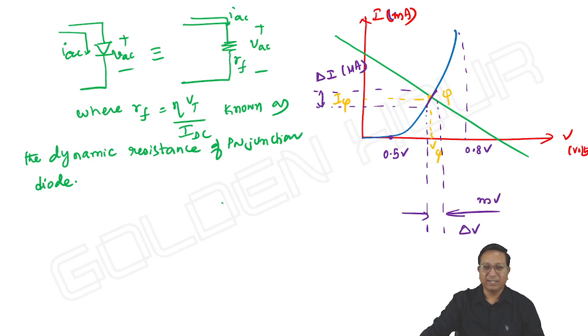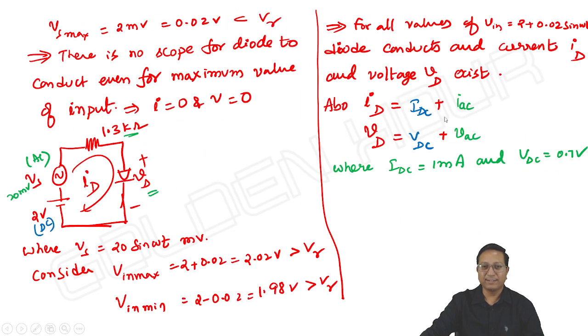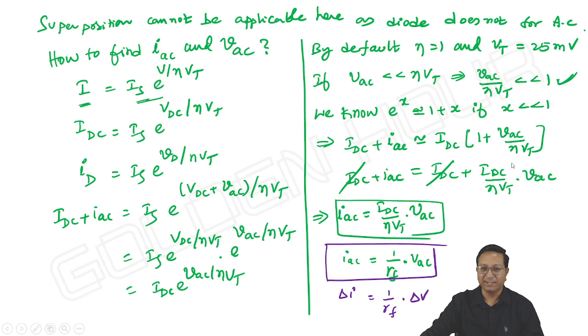And if I raise the range of delta V and delta I, then what happens? If I increase the range of VAC, then VAC by eta Vt is not far less than 1, and I can't take this approximation. This becomes invalid if VAC is large.